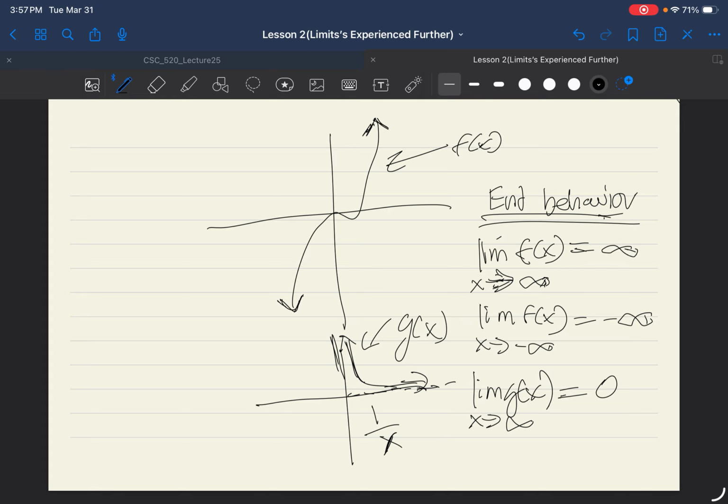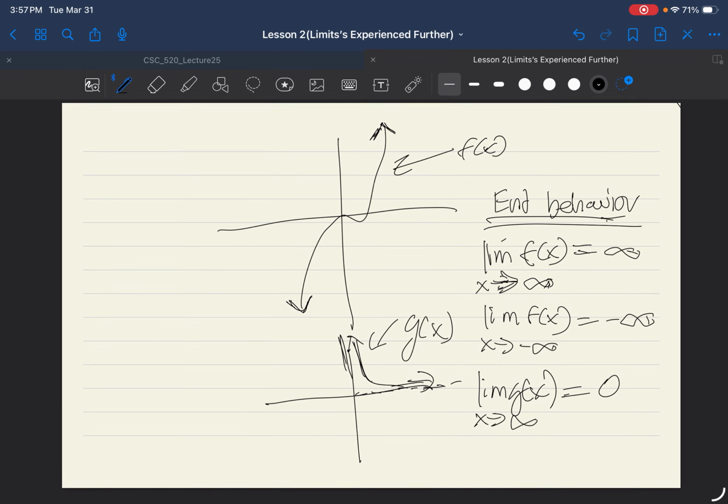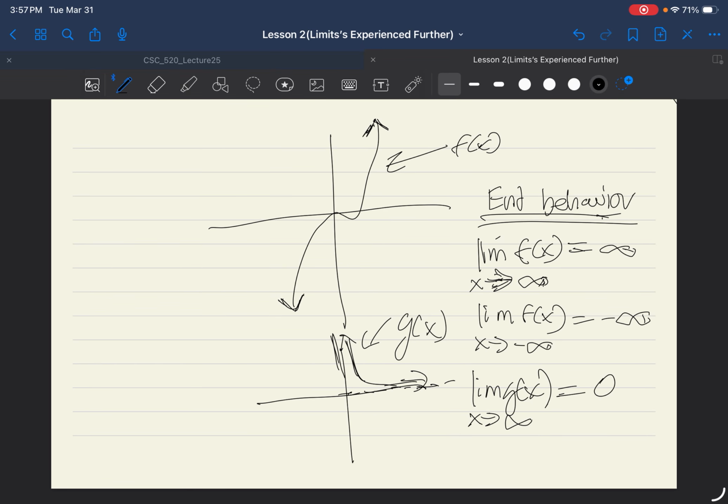Right? Well, no, not 1 over x, my apologies. We'll just call it g of x for now. For g of x, there's this horizontal asymptote here. I hope you remember that from whatever previous math class you've taken. There's this horizontal asymptote here at y equals 0. So it will eventually approach 0.